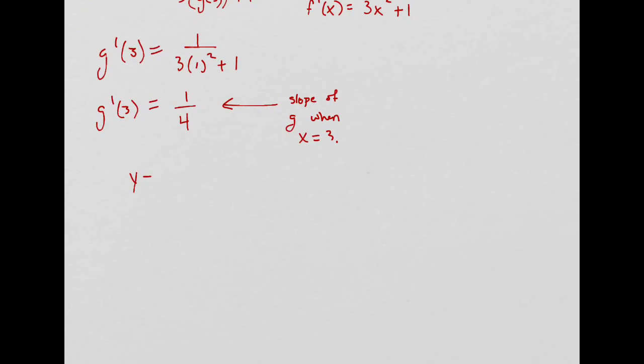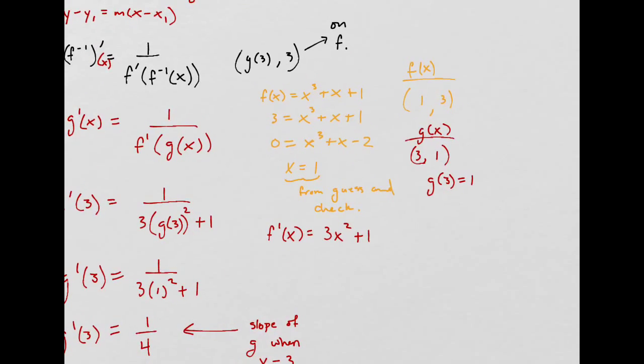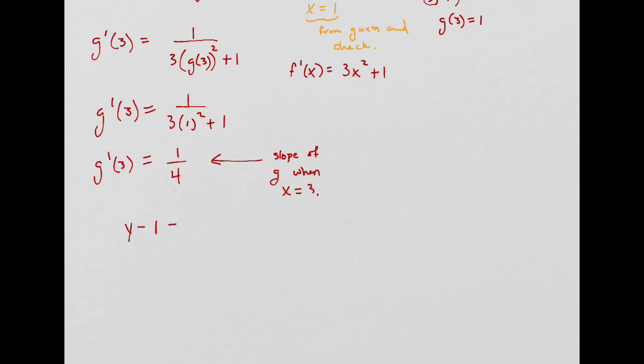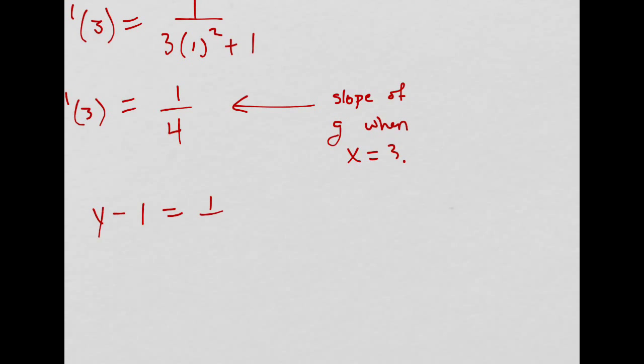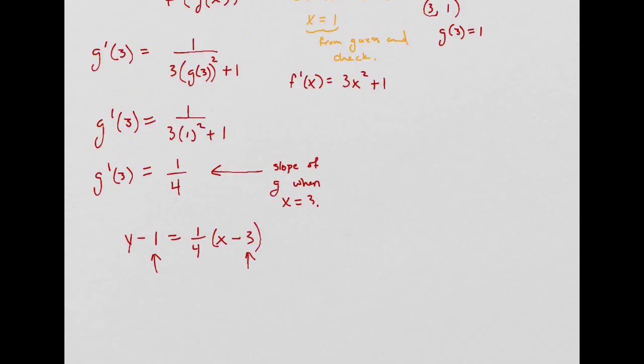I need a point that's on G's tangent line. So y minus 1 equals the slope 1/4 times x minus 3. Those values are on the line that's tangent. It's on G, but it's also on the line that's tangent.